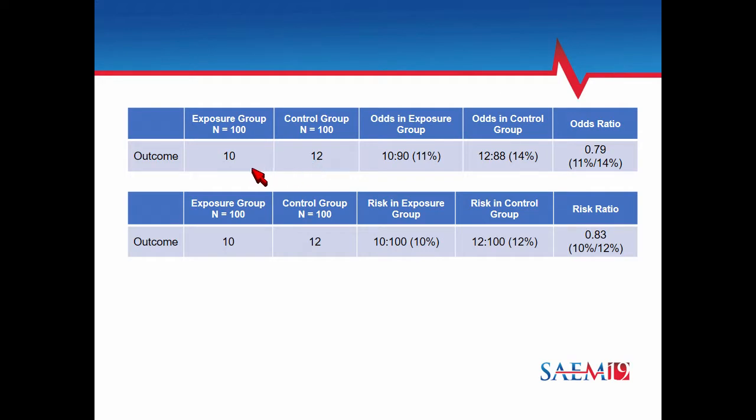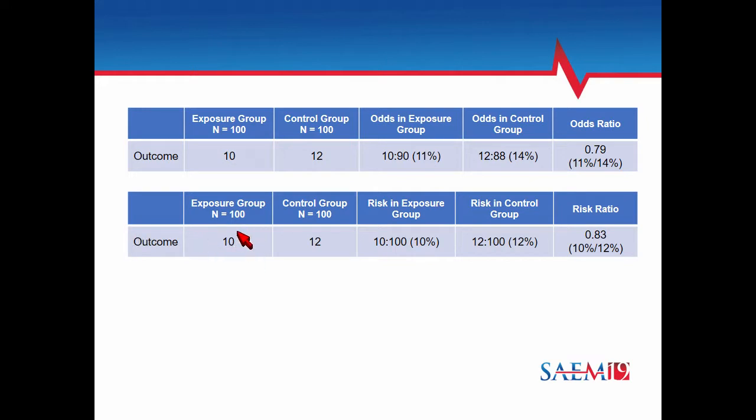So if you want to calculate odds ratio, the odds will be events to non-events, or patients with the outcome divided by patients without the outcome. So in this case, the odds will be 10 out of 90, correct? So 10 out of 90, 11%, and in this group will be 12 divided by 88. You have 2 odds, you divide the odds in the exposed group by odds in the control group, and you have your odds ratio, 0.79.